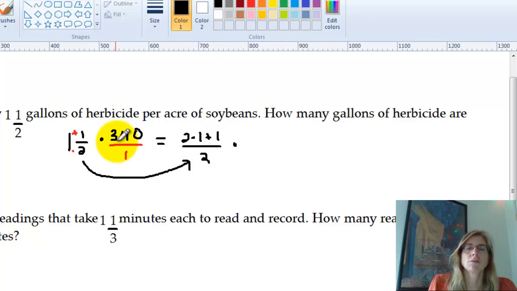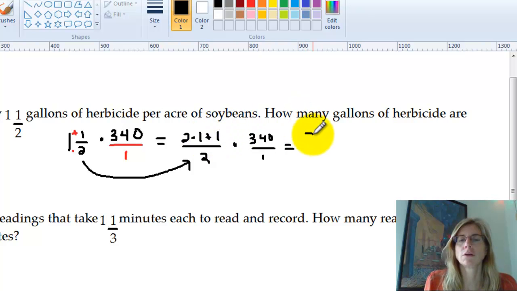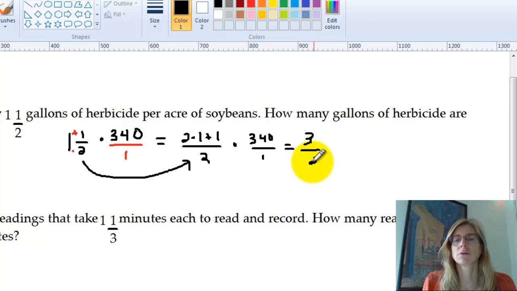And we're still multiplying, and then I'm going to just bring this over here. And so let's solve. 2 times 1 is 2, plus 1 is 3. So 1.5 becomes 3/2. And we are then multiplying that by 340 over 1.